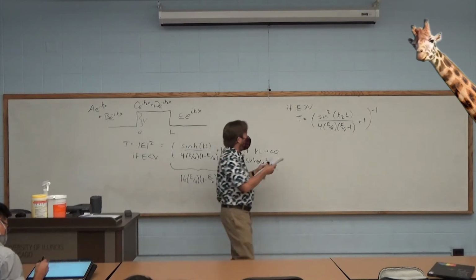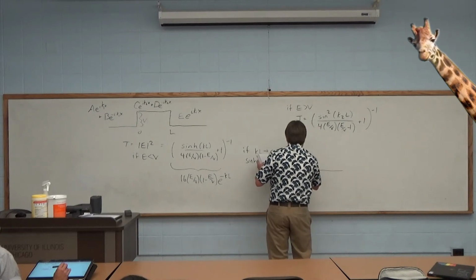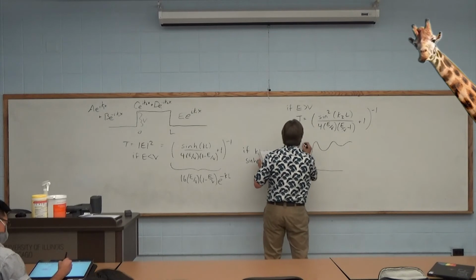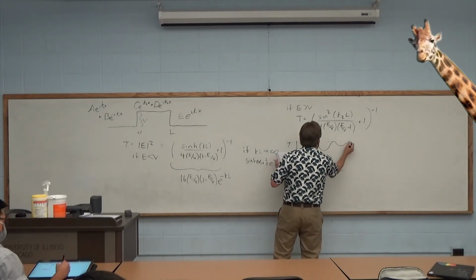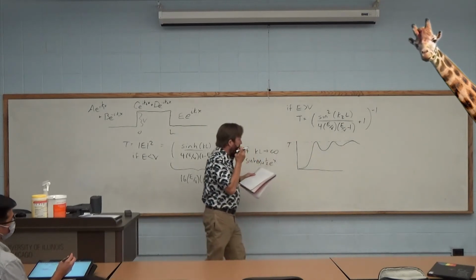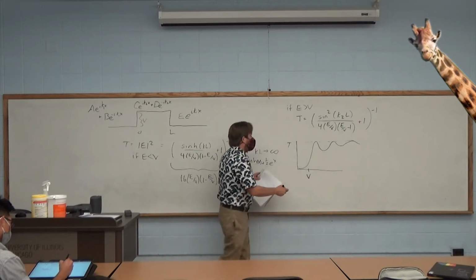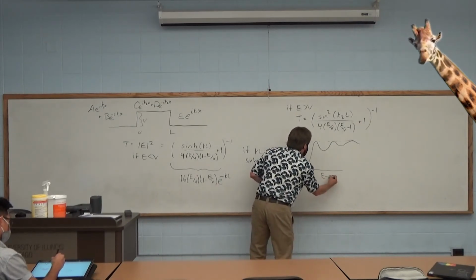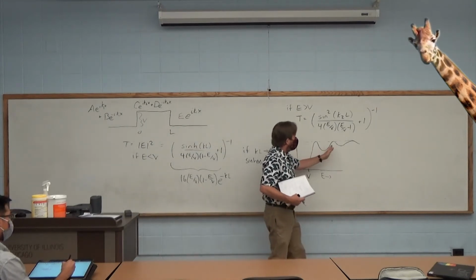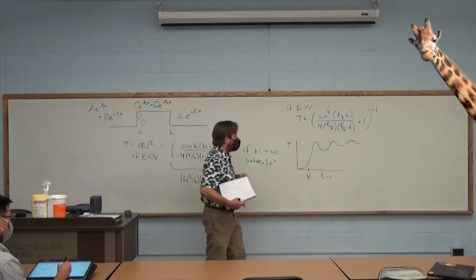And in terms of the transmission, you should basically see this behavior if you're doing it right. There you go. Of course, the potential is about there, energy. I mentioned that the transmission is 100% at certain spots, at certain resonances.